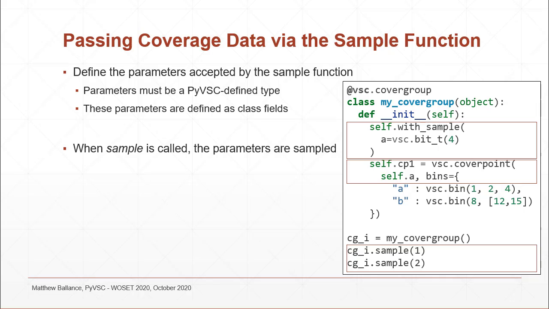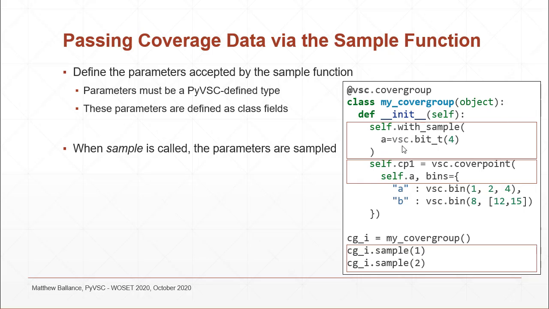The first approach is to actually specify to the PyVSC library what the parameters will be to the sample method. And we do that by calling this withSample method, which is very similar, if you're from a SystemVerilog background, to the with function sample mechanism that SystemVerilog provides. In this case, we specify that the sample method will have one parameter.